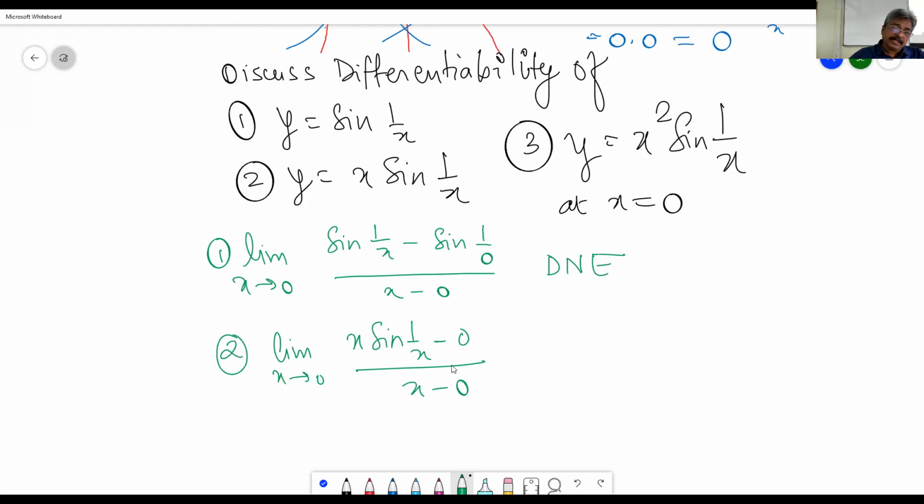So what is happening here is this 0 is getting cancelled, this x is again cancelling this, and eventually we end up checking limit x tends to 0 sine 1 upon x, which we know does not exist. So differentiability at x is equal to 0 of the second function is also not available. Let us check with third.